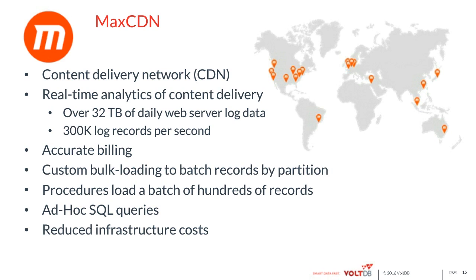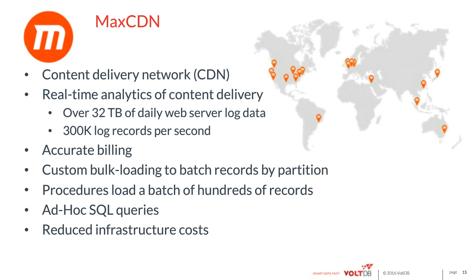When they were evaluating VoltDB, they were also looking at some open source options, and very quickly they started to realize that when you look at a stitched together open source infrastructure, each layer is a discrete layer of its own that needs to be managed all by itself.